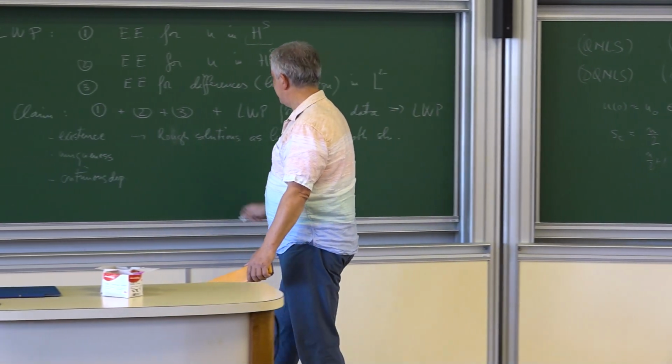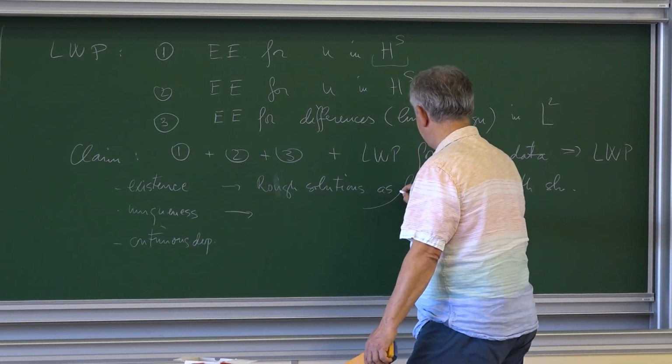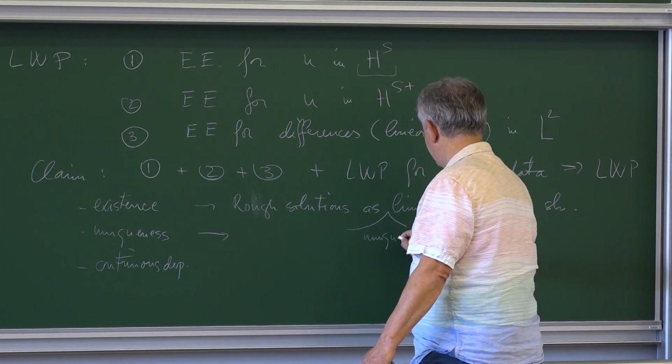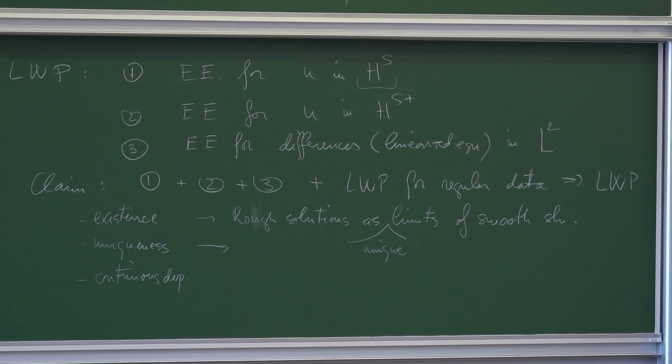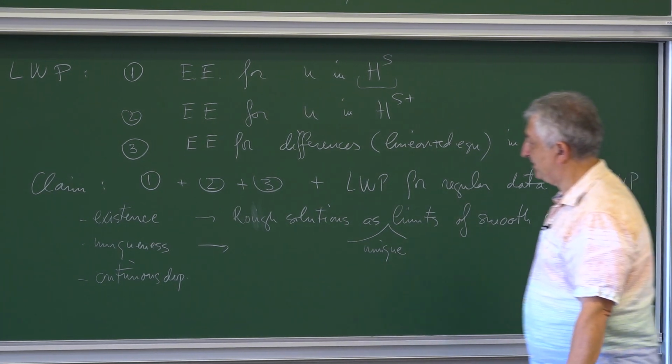What we did instead is, when we looked at these rough solutions, we said there is a unique limit of smooth solutions. And that gives you the unique candidate for what you then define to be the unique solution, all right? So that's the other thing.